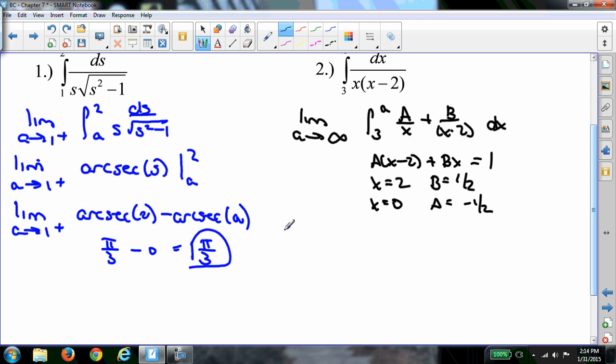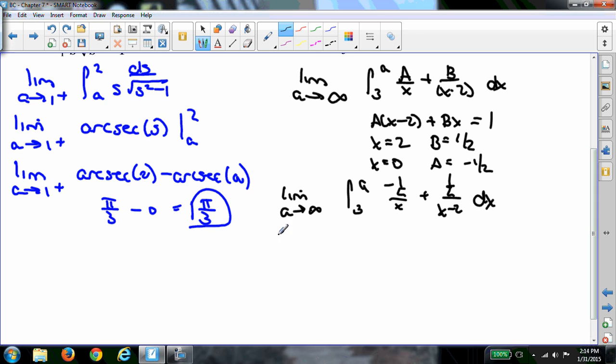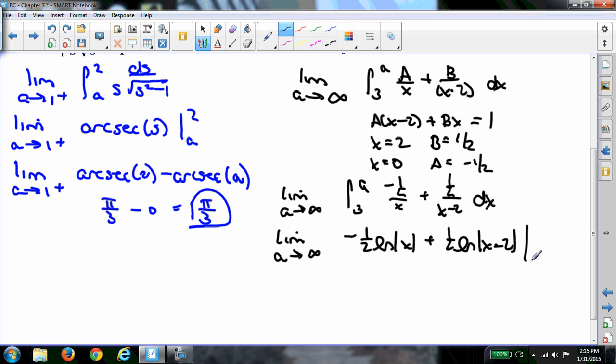So I'm going to rewrite this as the limit as a approaches infinity, integral from 3 to a, negative 1/2 over x plus 1/2 over x minus 2. And again, I don't want to evaluate the limit until I've completely taken care of FTC. So limit as a approaches infinity, negative 1/2 natural log of the absolute value of x plus 1/2 the natural log of the absolute value of x minus 2 from 3 to a.